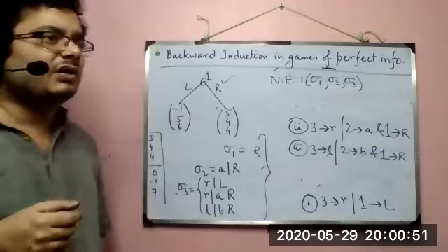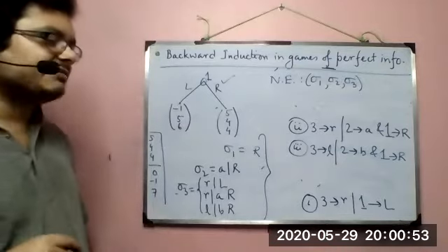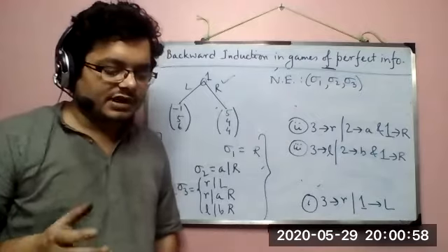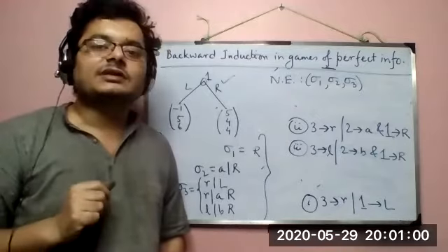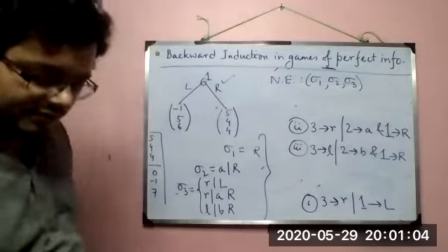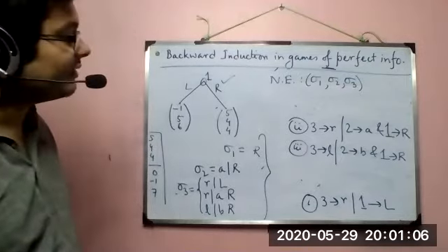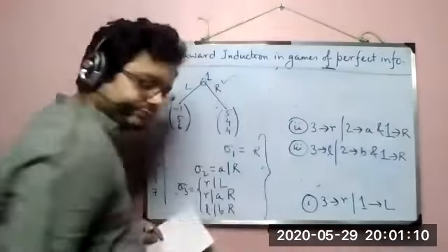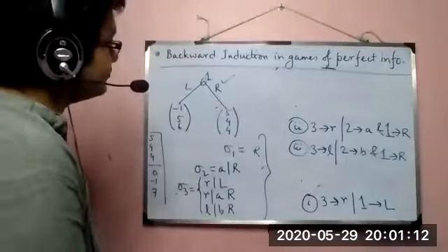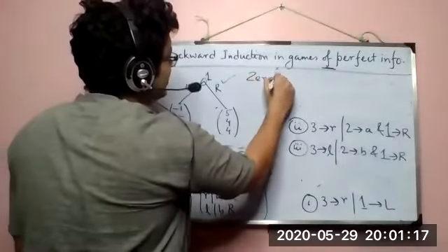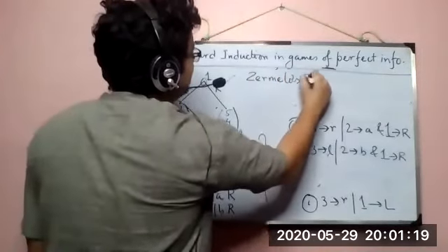Because in static games, we saw that there can be cases where we will not be able to find a pure strategy Nash equilibrium, and then we move to mixed strategy. So what is the case here? Here, for that, we make a claim, and that claim is known as Zermelo's theorem.